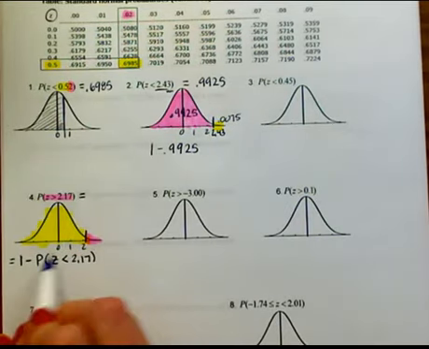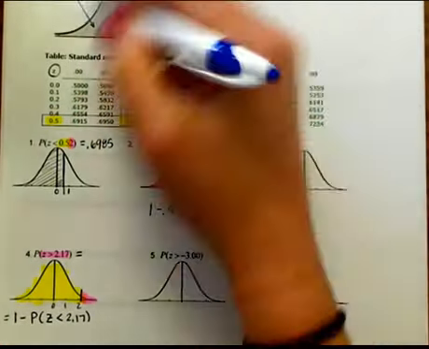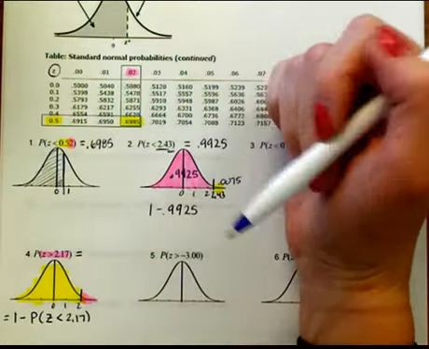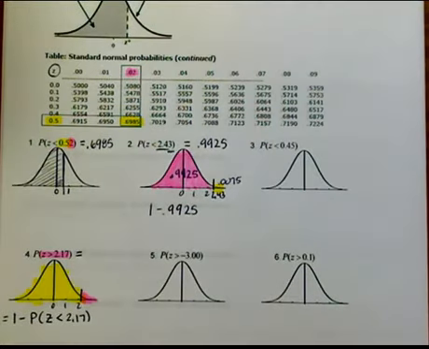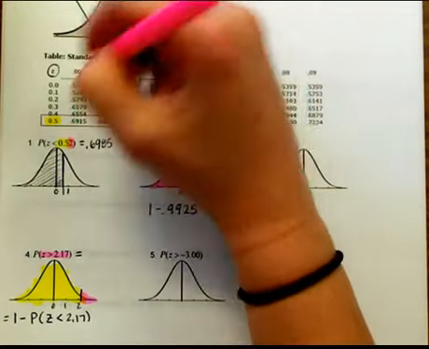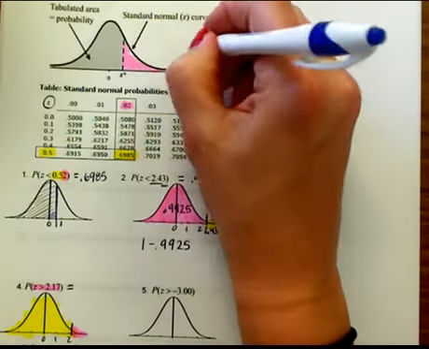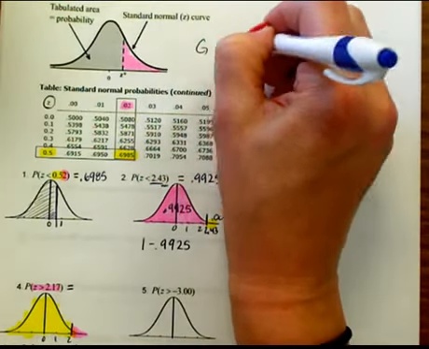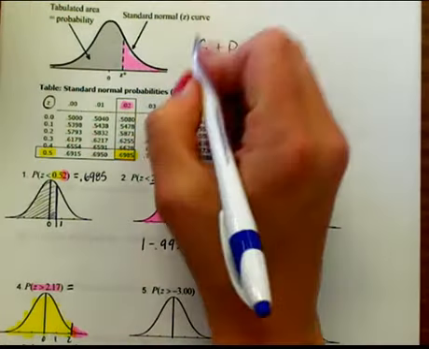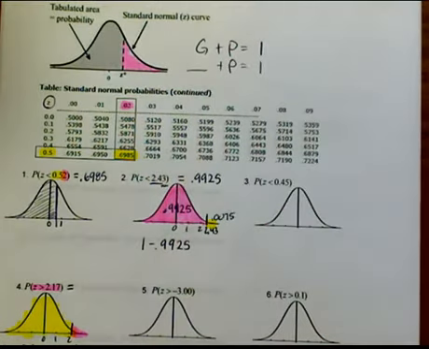The reason that I switch this to the less than is that your table of values only gives you this number to the left of it. But notice that we can also just shade the other side. The connection is that gray and pink equals 1. Gray plus pink will equal 1. So if you can find the gray number, you can find the pink number.